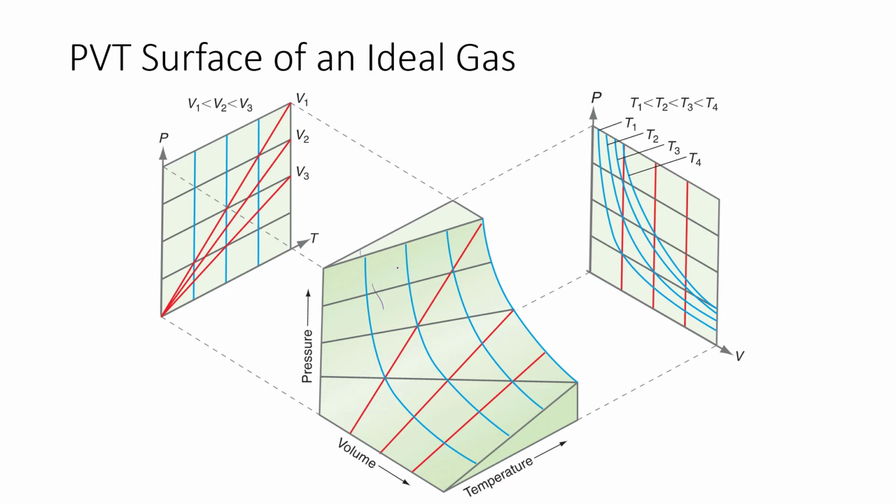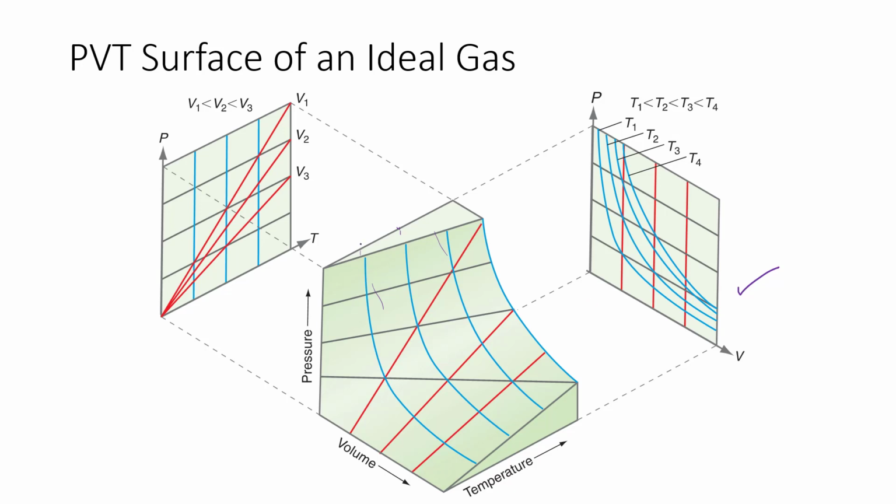If I cut along this plane, then I get another PV plane. I can do the same thing here. I can cut the surface along this plane, and I get another PV plane. And if I overlap those constant temperature planes over each other, then I get this kind of PV diagram with these isothermal curves.